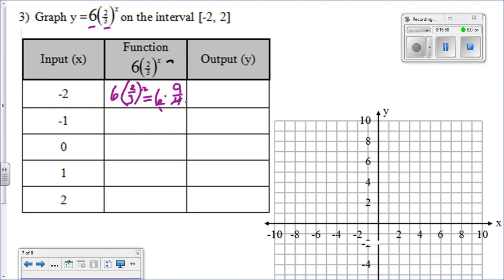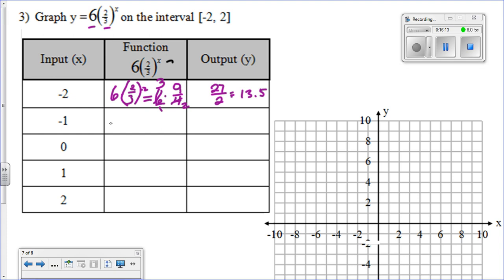So let's see, 2 goes in there twice, 2 goes in there 3 times, so that's 3 times 9 divided by 2. So that's going to be 27 halves. And that's going to be, what is it, 13.5.